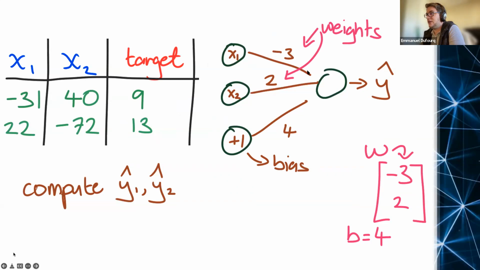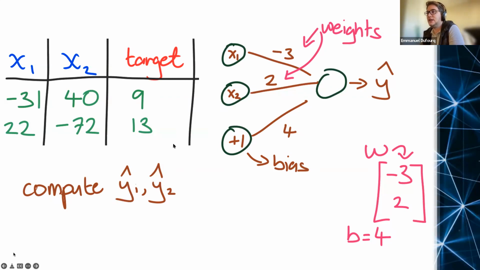So that's this part done. Then we put in the value of x2, which is 40. So we say 40 times 2. And then there's no more features. So then we add the bias. So we say +1 times 4. So the complete expression would be -31 times -3 plus 40 times 2 plus 1 times 4. And that will give us our first value of y hat 1.